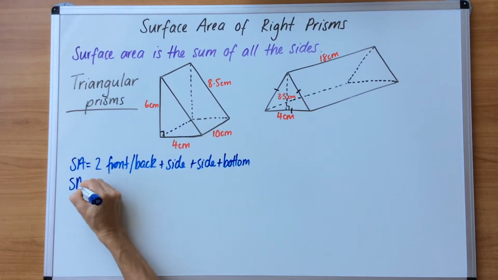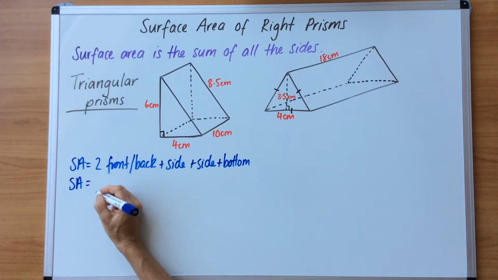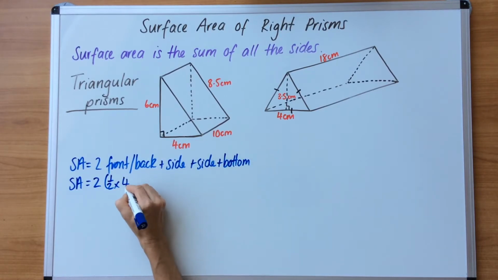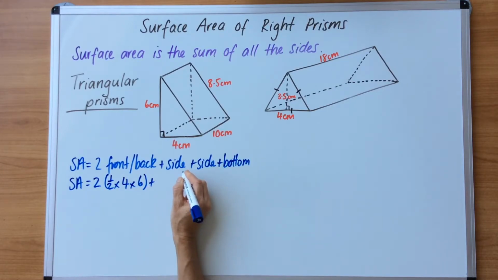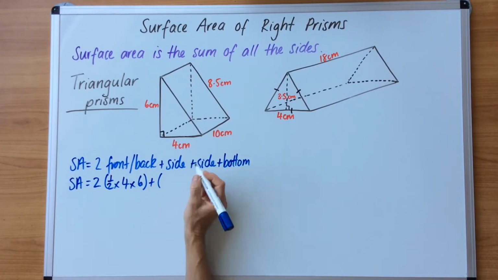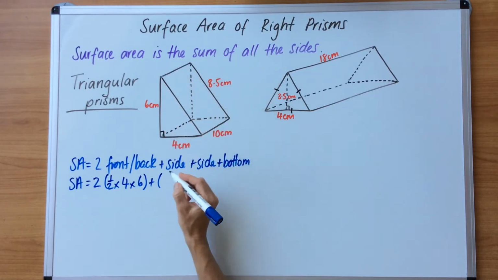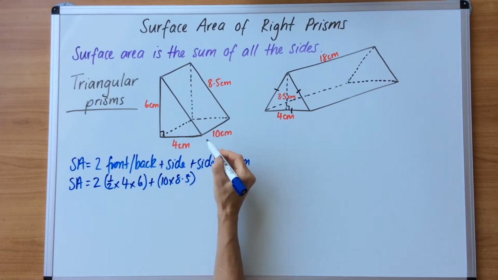Now we're going to substitute in. So the first one is 2 bracket, and the rule for area of a triangle is half times base times height. So we're going to go half times the base of 4 times the height of 6 and close the bracket. Then we're going to add on another side. So a side, we're going to do the top one here, and that's going to be 10 times 8.5.